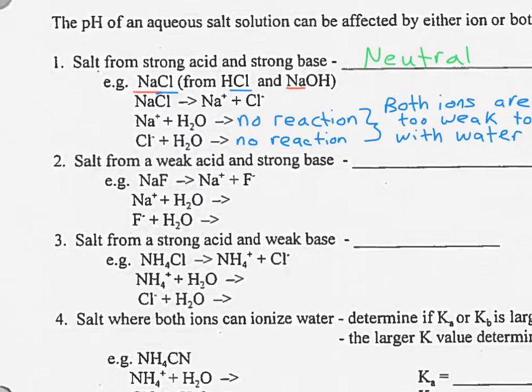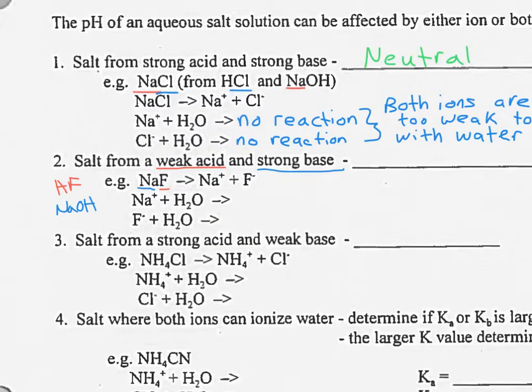In our next example, we're going to look at a salt that is forming from a weak acid and a strong base. The salt that we're getting is NaF. The F, the fluorine, is coming from the weak acid hydrofluoric acid, and the Na is coming from the strong base NaOH.